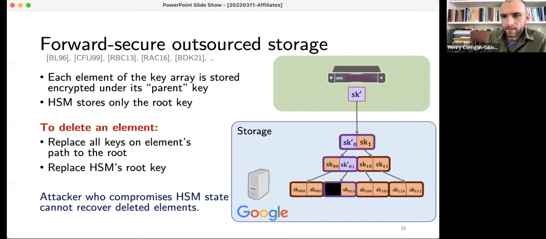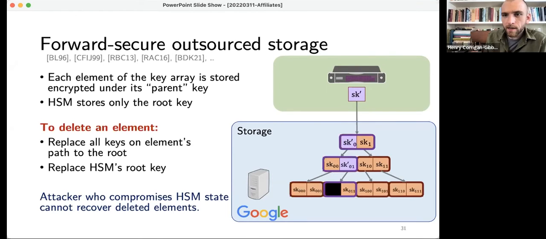So what happened here is that now if someone compromises the HSM, it can recover all the values in this tree, but it can't recover the deleted values, because the key that was needed to recover that deleted value was stored in the HSM's memory that it actually wiped. So to get this value, you needed SK, and now the HSM is only storing SK prime. So by rotating keys in this way, the HSM can securely delete elements of this array, even though the data center is storing the array.